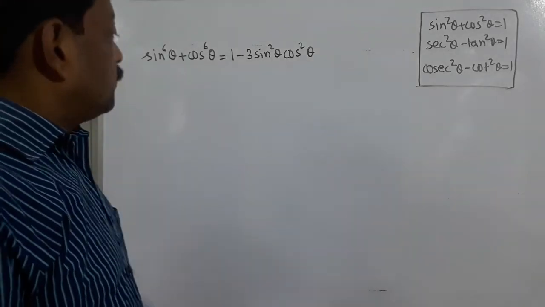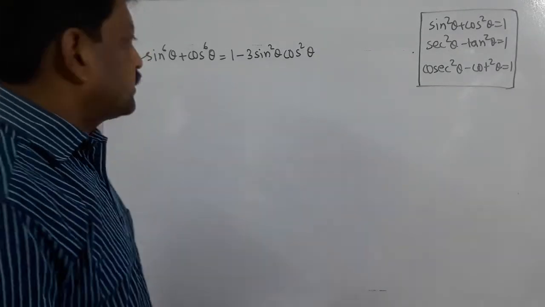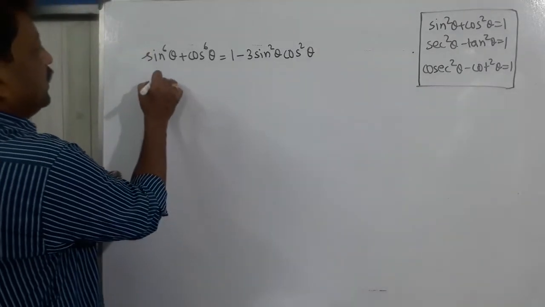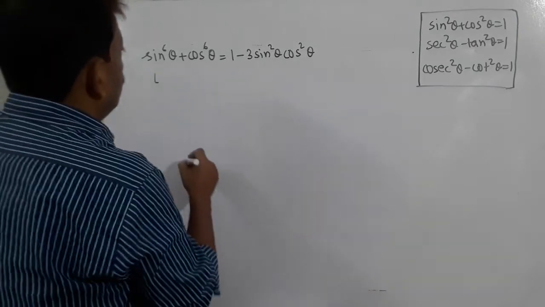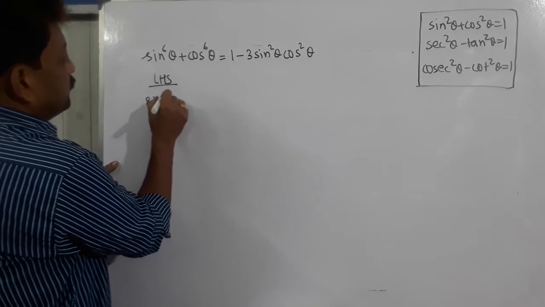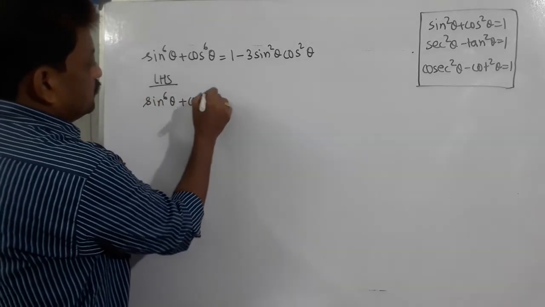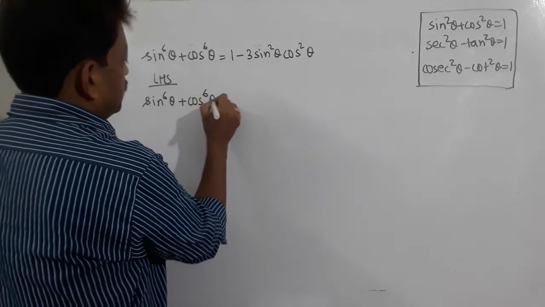So we are going to use the algebraic identities as well as the trigonometric identities. LHS equals sine to the power 6 theta plus cos to the power 6 theta.